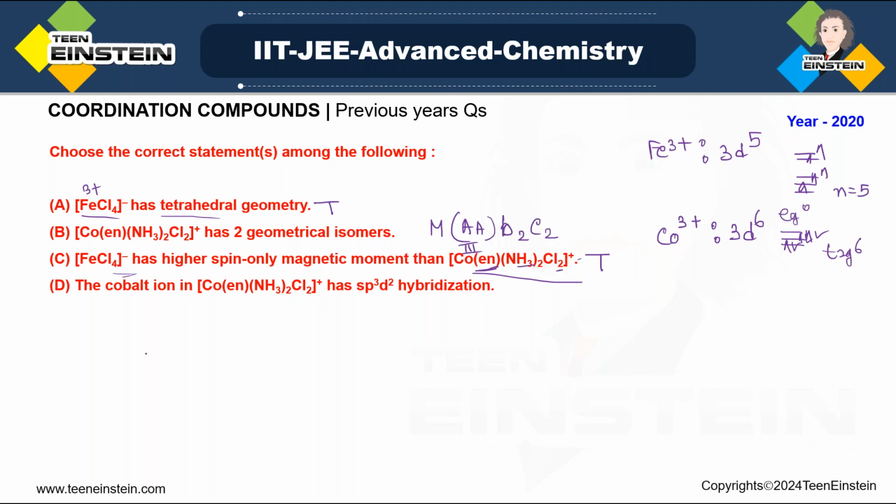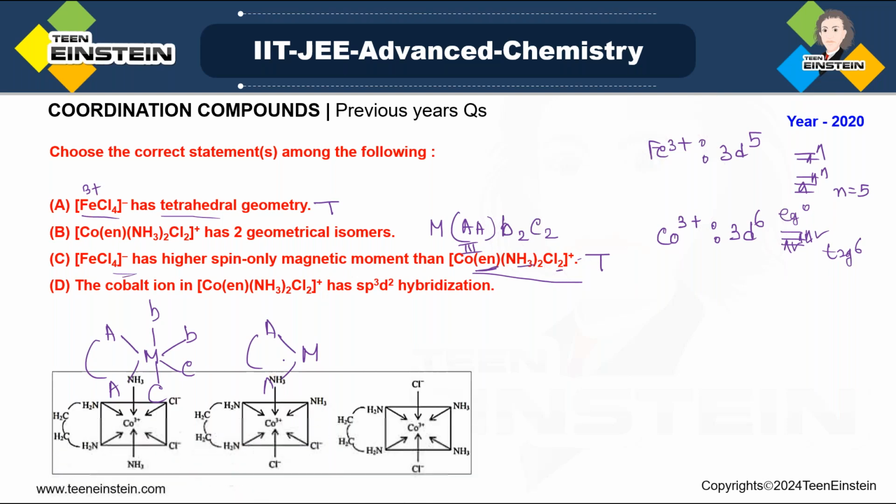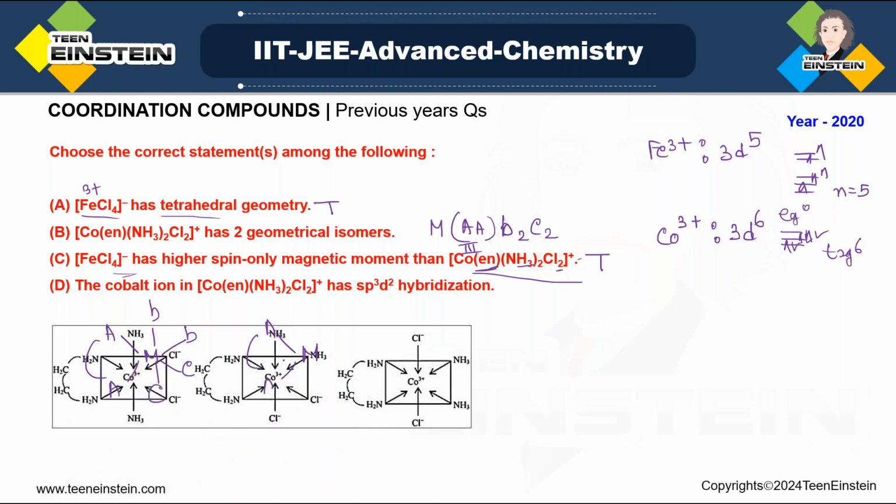So if we write this, AA will always be in cis position. So this is one possibility. Sorry, we already have this. You can directly see there are actually more than two possibilities.